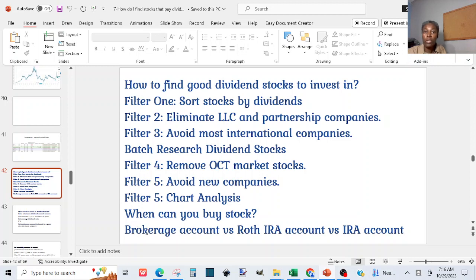The one thing you need to know about the brokerage account is that any dividend you earn, you will pay tax on, whether you reinvest it or take it out. So it's taxable. The money you are investing is after tax money, because it's your paycheck, your money that you took home, that you take out to invest.